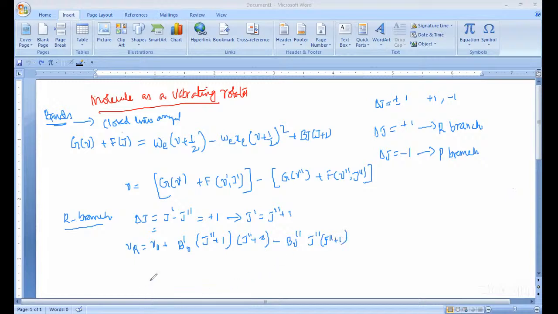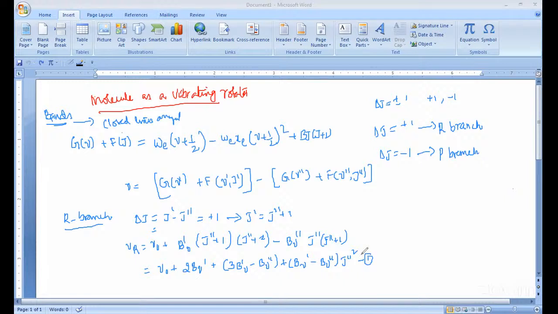If you solve this, you get nu naught plus 2B dash plus (3B dash minus B double dash) m plus (B dash minus B double dash) m squared. This you get for the R branch.